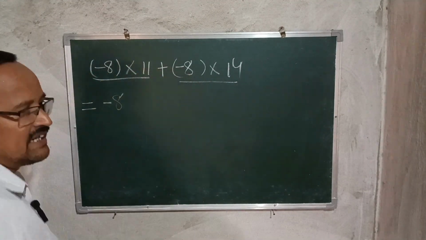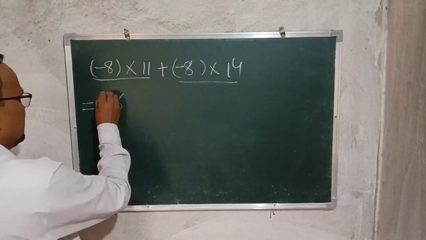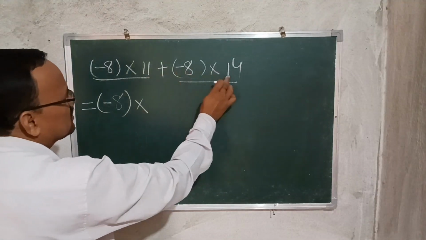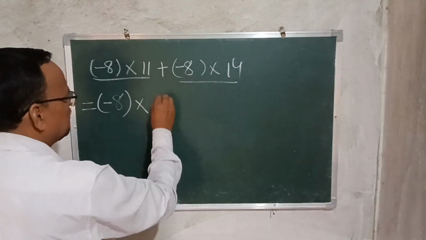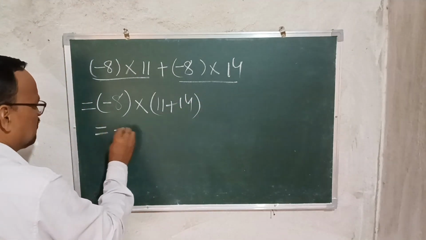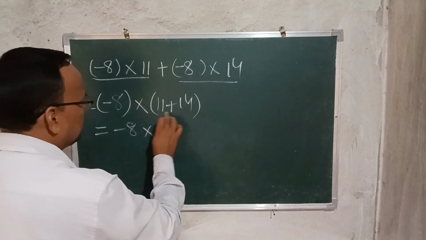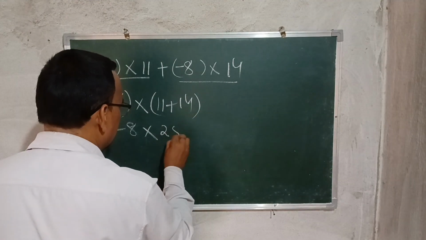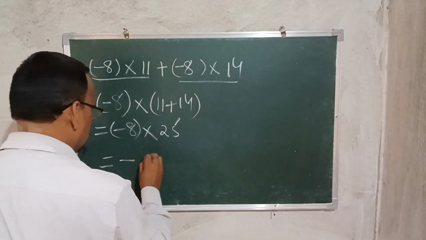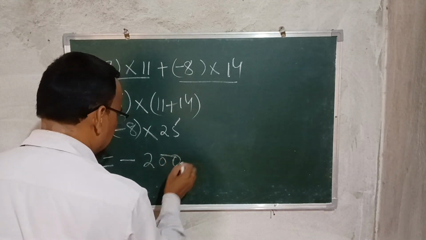Minus 8 is present in both terms. Then it is minus 8 into b plus c, that is minus 8 into 11 plus 14, which is 25. And that is equal to minus 200.